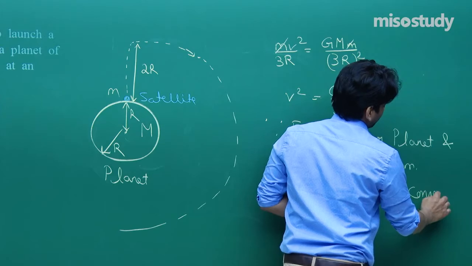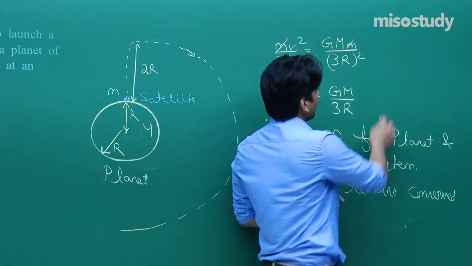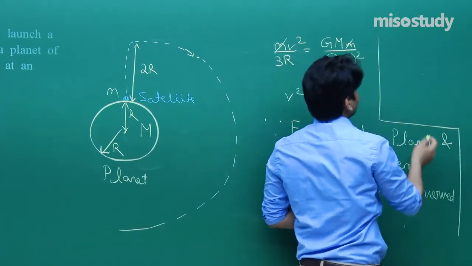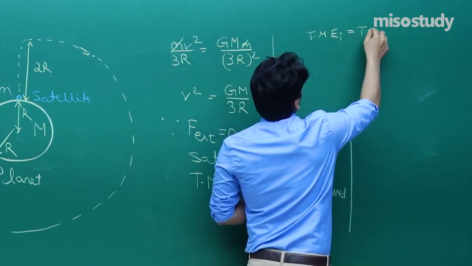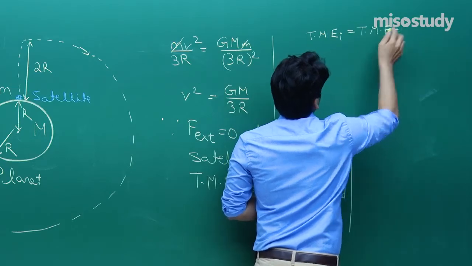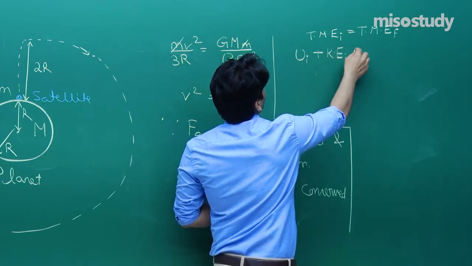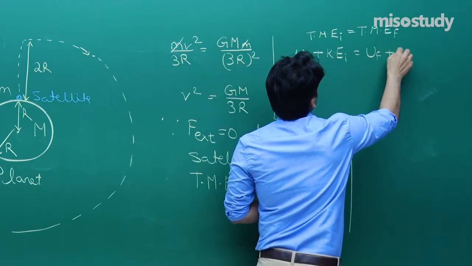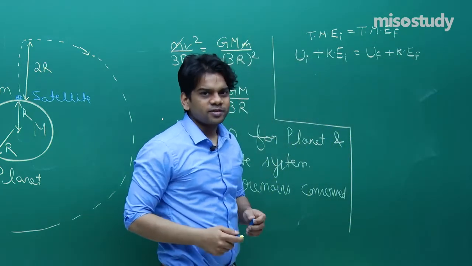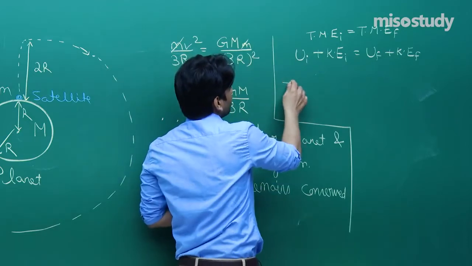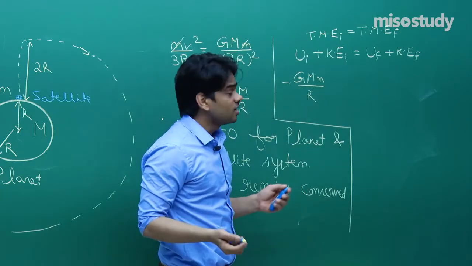So we can easily equate the total kinetic energy and potential energy for the satellite and planet system. Total mechanical energy initially will be equal to total mechanical energy finally. So we have initial potential energy plus initial kinetic energy equal to final potential energy plus final kinetic energy. This is the equation we can use. Initial potential energy when it is on the surface of the planet is minus GMm by r, quite obvious.